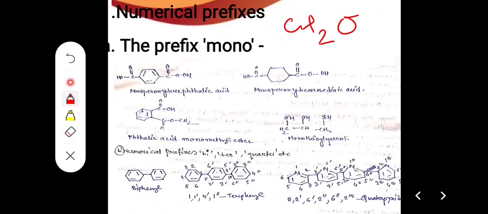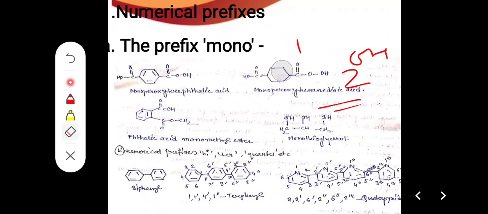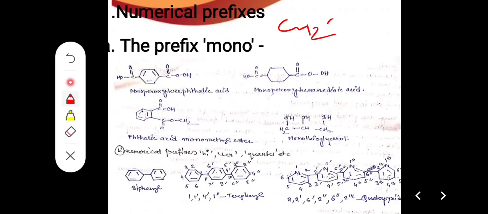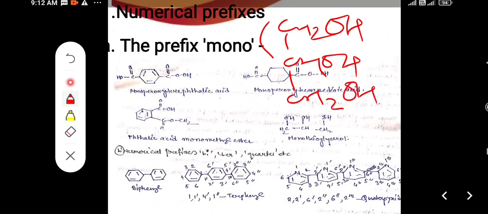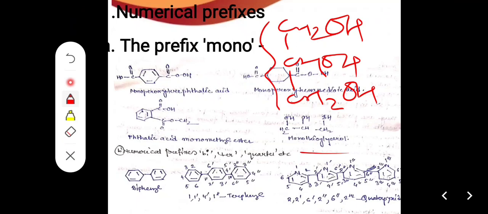If we have CH2OH and CH2OH bonded, that is termed ethylene glycol. But if we have CH2OH, CHOH and CH2OH, bonded together, that is termed glycerol.